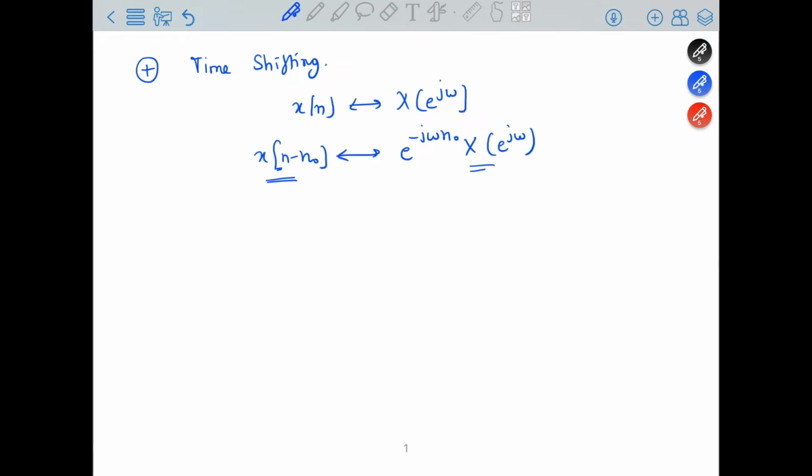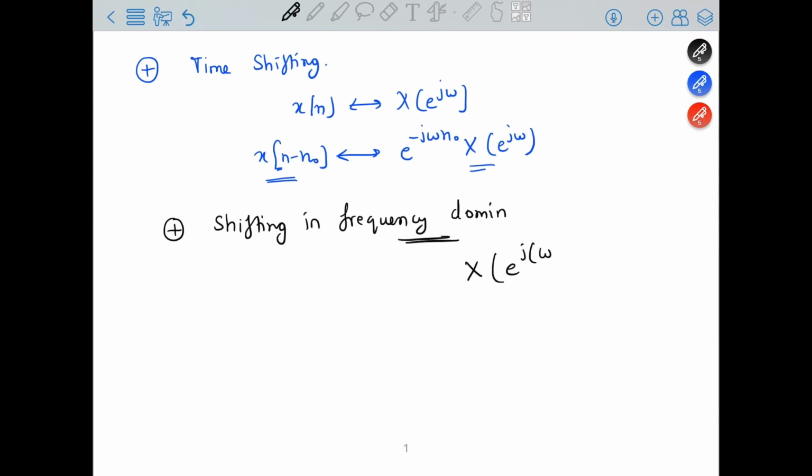Similarly we can have an equivalent shifting in the frequency domain as well. So what will happen if we do shifting in the frequency domain? This is equivalent to having X of e raised to the power j omega minus omega naught.